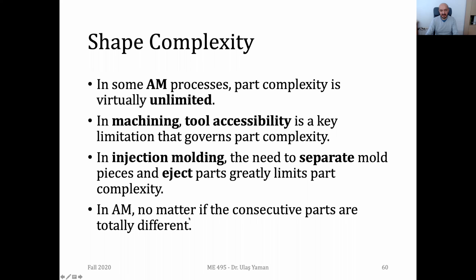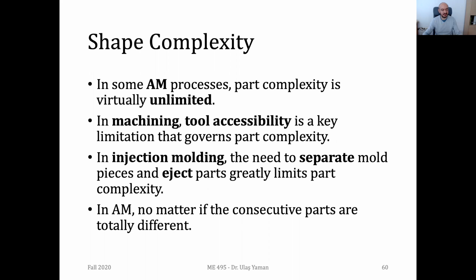But in most of the additive manufacturing processes, we don't have such limitations. We have mostly unlimited part complexity. In some cases, we have limitations in terms of interior structures, but most of them have nearly unlimited part complexity.